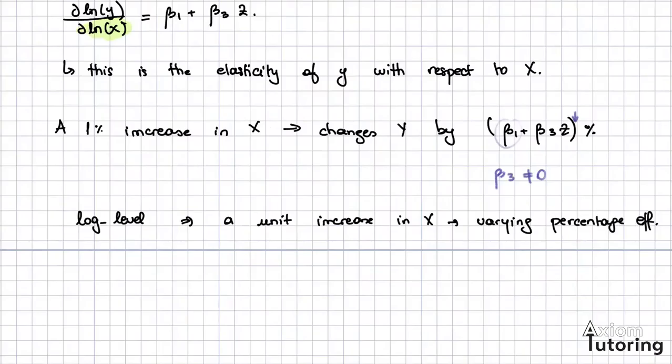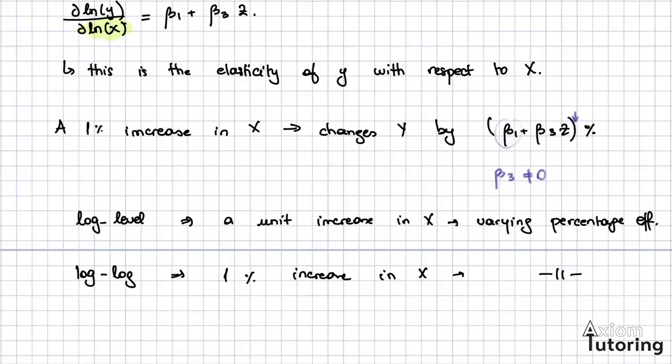If instead, with the log-log model with interaction, you have a 1% increase in x, which again has that now varying percentage effect. So the difference is what kind of change in x we're talking about, from a unit in the log level to a 1% in the log-log. The interaction structure otherwise is identical in both cases.